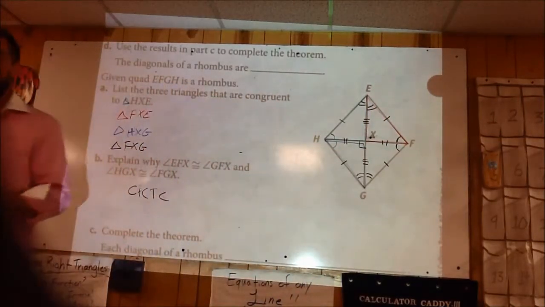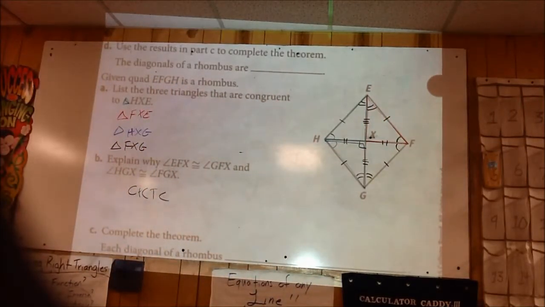What's happening is the diagonals are bisecting the opposite angles. Each diagonal of a rhombus bisects a pair of opposite angles. So that's part C. Each diagonal of a rhombus bisects a pair of opposite angles.